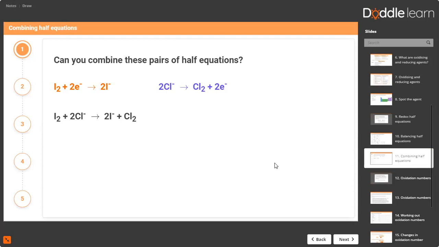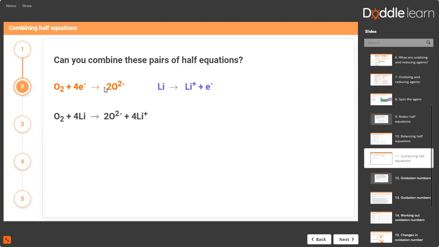Like we said before, we cancel out those electrons. We add the I2, and our 2Cl minus goes to 2I minus plus Cl2 because we've cancelled out our electrons.